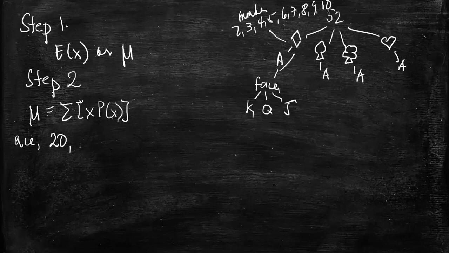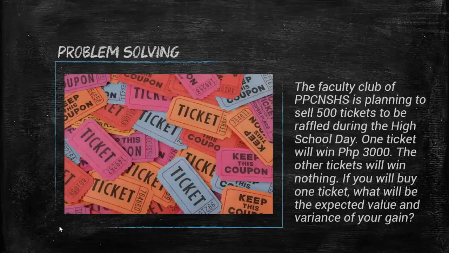So meron tayong alas or ace, king, queen, jack for the faces, tatlo yon, and then number cards, which is 2, 3, 4, 5, 6, 7, 8, 9, and 10. So we have 13 cards kada suit. Okay. So we have 52 cards. So tig-13 kada suit, which we have 4 suits. Okay. Ngayon, question. What is the probability that we get an ace card?